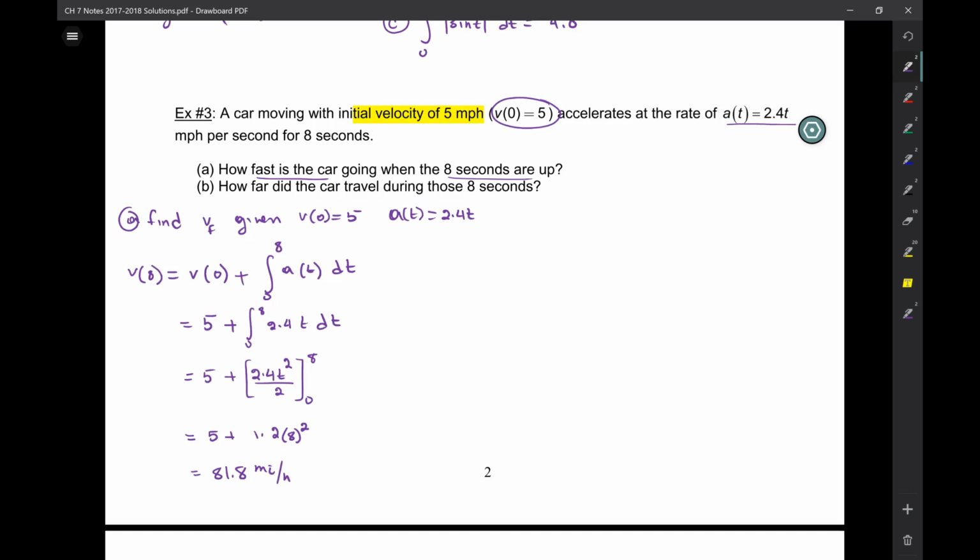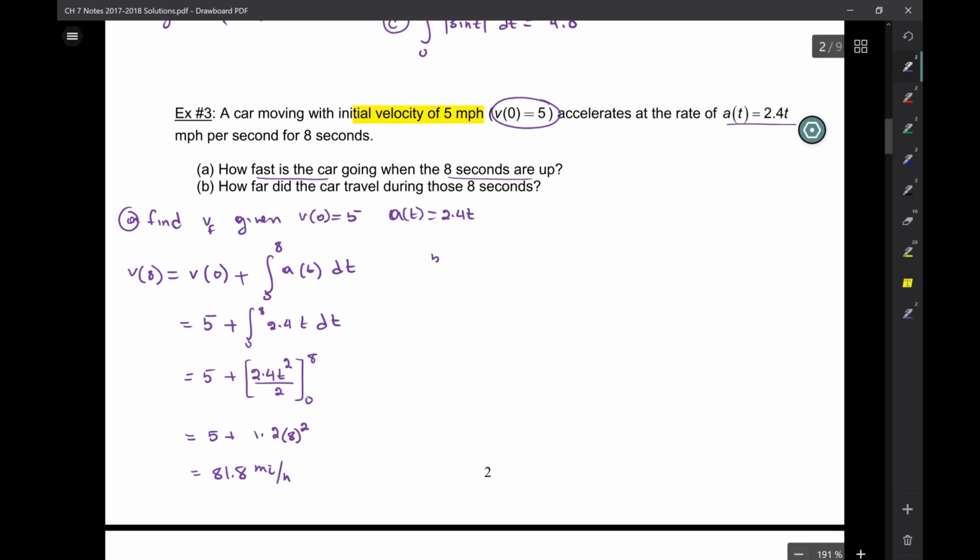I'm saying how fast is the car going? It started at 5. It gained an additional velocity of this much. So now, on top of the 5, it gains a little bit more velocity, so now it's 81.8. Before, everything was in distance. Now everything is in velocity.